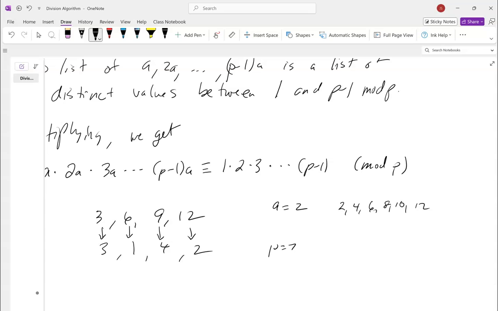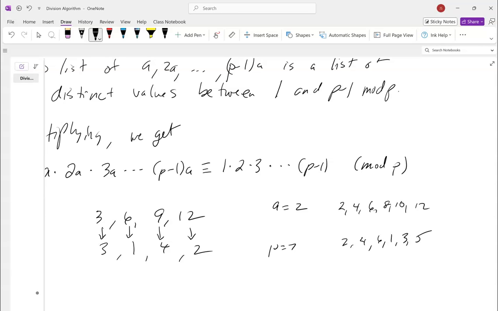All right? So mod 7 now, 2 is 2, 4 is 4, 6 is 6, right? 8 mod 7 is 1, 10 mod 7 is 3, 12 mod 7 is 5, and we've got that 1-to-1 correspondence again between the list of distinct values and our numbers between 1 and P minus 1 mod P.